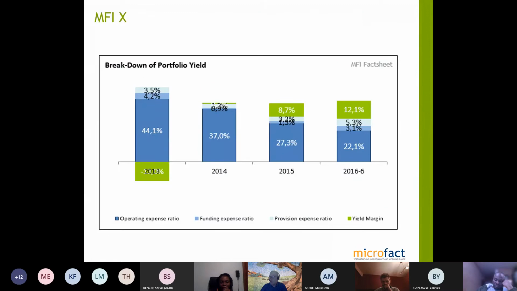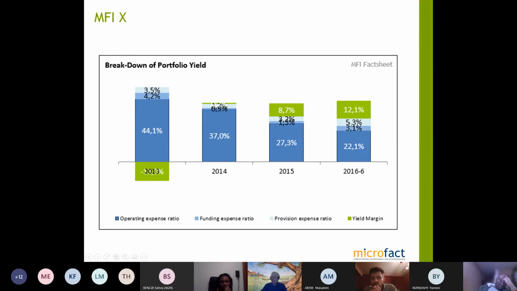So when you look at the fact sheet here, this is the breakdown of portfolio yield. We will discuss all these indicators later on, but I want to show you that the blue part is 3 groups of expenses. The operating expenses, on top of that the funding expenses, we will discuss this later on, and the third one is the provision expenses.